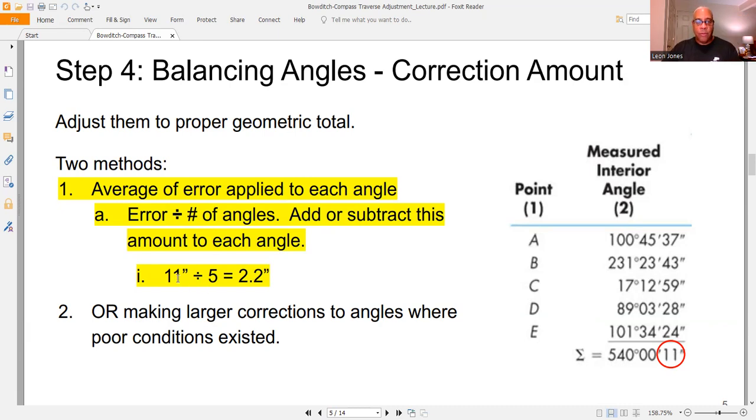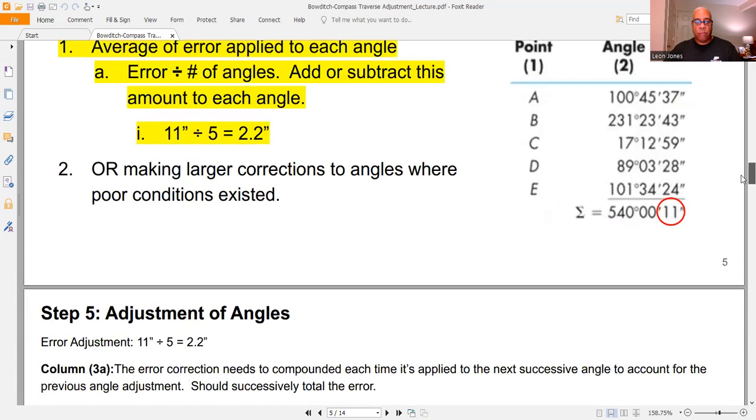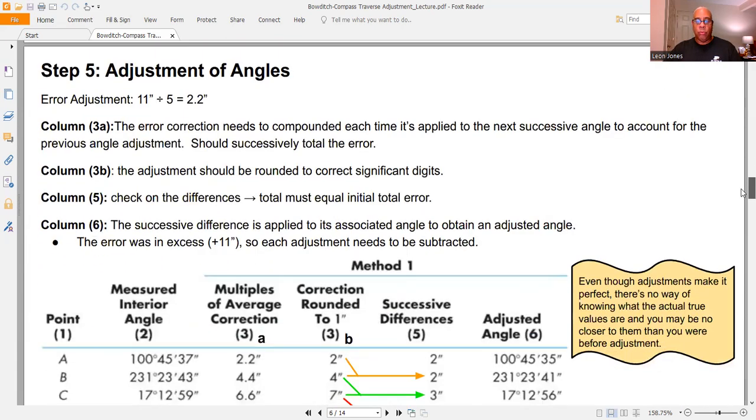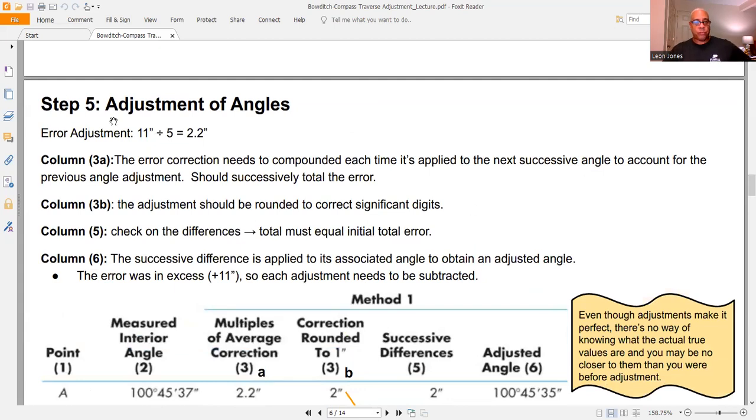So they took 11 seconds and divided it by 5 and they got 2.2 seconds. Or you make larger corrections to angles where poor conditions existed. I like using the latter one because it's much easier. So what we do, we have a chart, error adjustment.